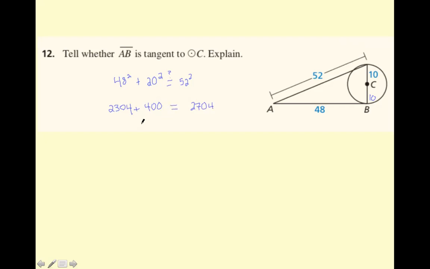Yes. So that means that AB is perpendicular to the radius. I'll just say it's perpendicular to CB. So that means AB is tangent. And again, to check that it was tangent, I checked to see whether or not a right triangle was formed by those sides and the diameter.